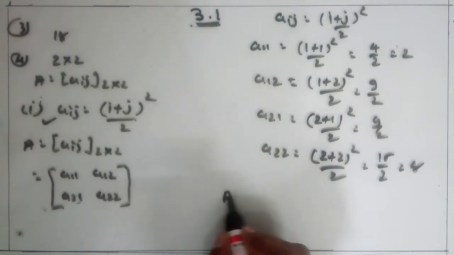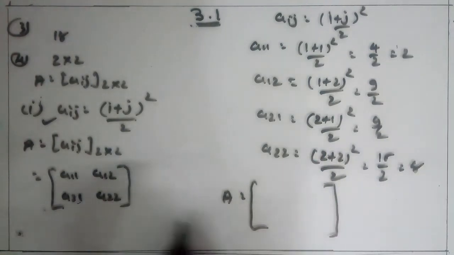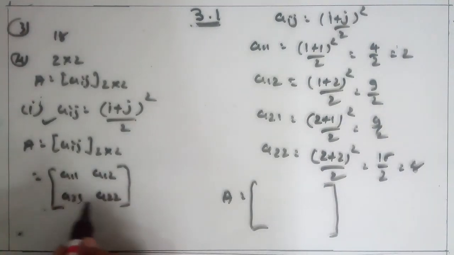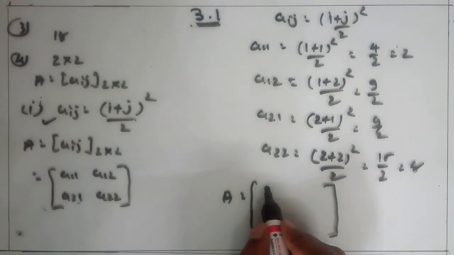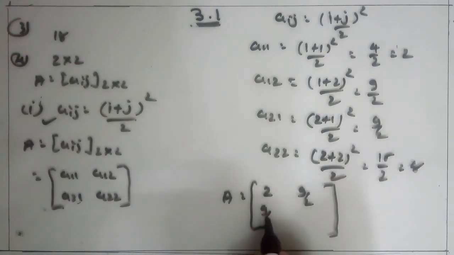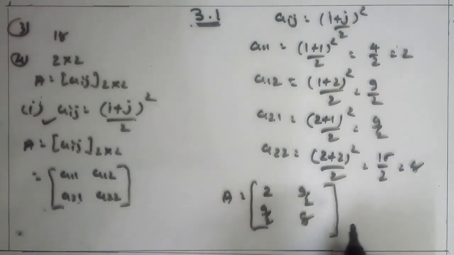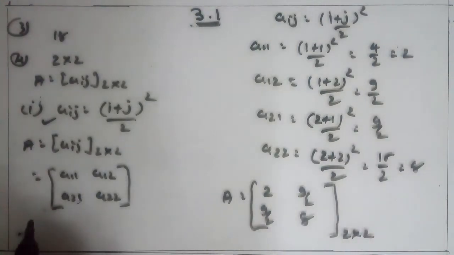Now replacing A11, A12, A21, A22 by their values, we get the matrix A is equal to 2, 9 by 2; 9 by 2, 8. This is the 2 cross 2 matrix. Clear?